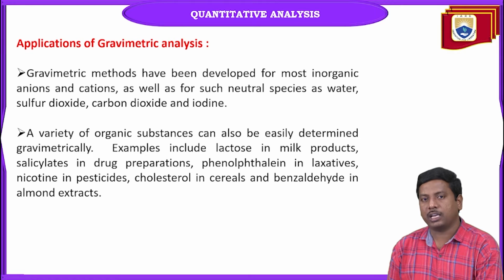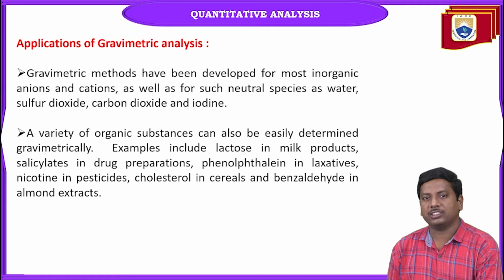So first of all, these are the applications of gravimetric analysis. Gravimetric methods have been developed for most of the inorganic anions and cations. Inorganic anions means the determination of halogen compounds, chlorides, sulfates, and also bromides, iodides. All of these come under the category of determination of anions by gravimetric analysis.